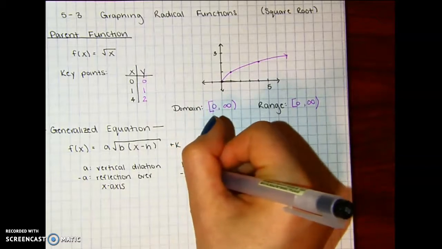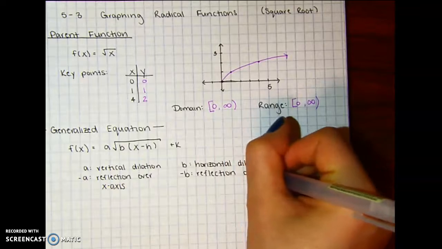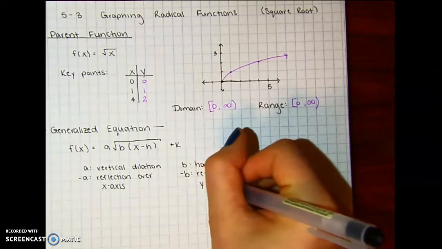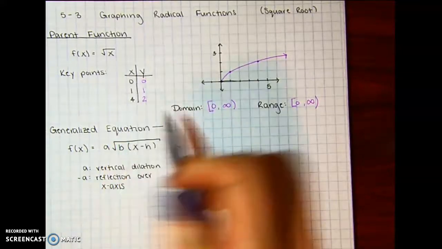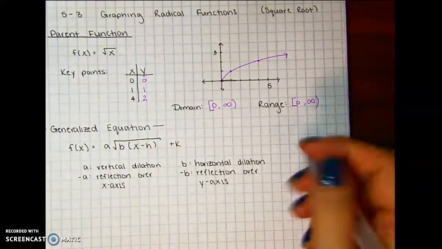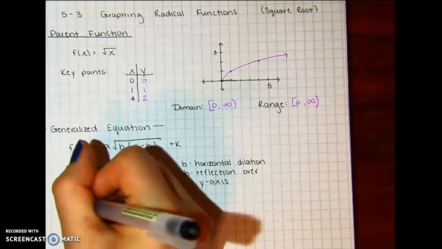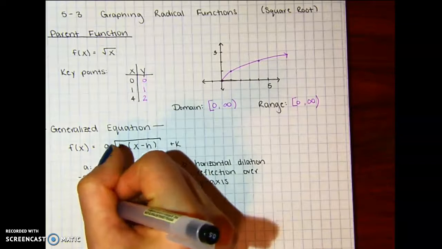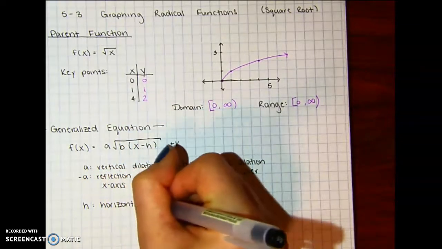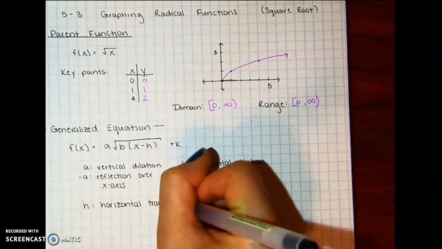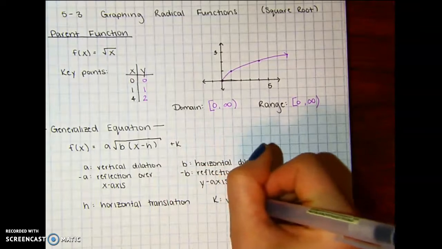Negative b is going to be a reflection over the y-axis. This is the first time that you will actually be able to see it in your graph. It's reflection over the y. h and k are translations. So h, horizontal translation, and k, vertical.